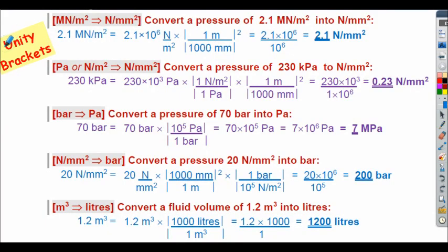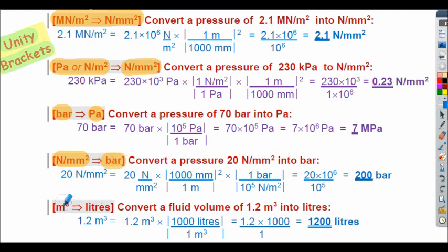This slide includes some unity brackets used to help structure conversions from one quantity to another. We considered unity brackets in a separate presentation outlining their structure and their application. On this slide we show specific conversions using unity brackets from meganewtons per meter squared to newtons per millimeter squared, from pascals to newtons per millimeter squared, from the bar to pascal, and from newtons per millimeter squared to the bar.